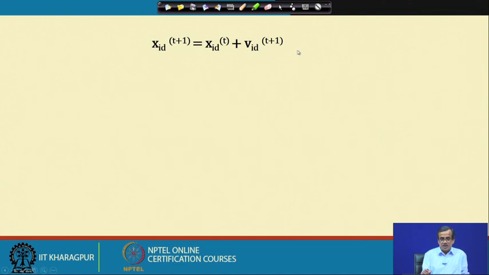Using this expression, we can find out the updated position for the ith particle corresponding to the dth dimension at the t plus 1th iteration. This updating of the velocity and the position is to be done through a large number of iterations, and then the algorithm will be able to find the optimal solution.